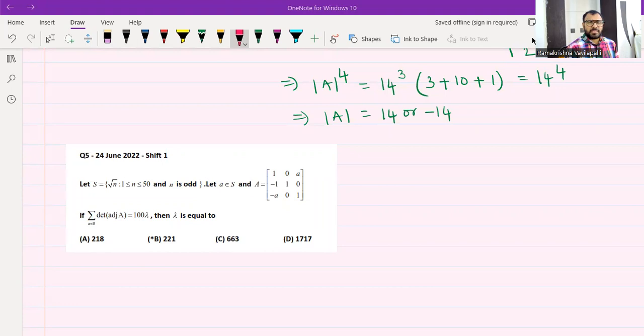So another question based on that, determinant of adjoint of A, asked in June 2022, but by mixing some more concepts.